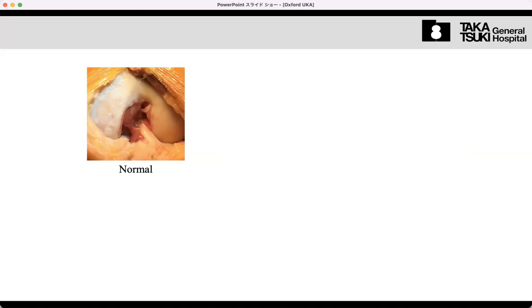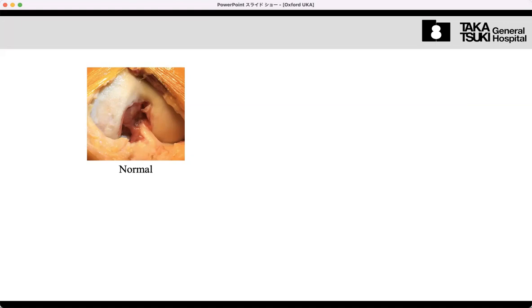So we can easily find some small vessels in the synovium. There is some small membrane along with the small vessels. So we can make sure this ACL is intact, in both appearance and function, because there is a synovial layer and blood supply.